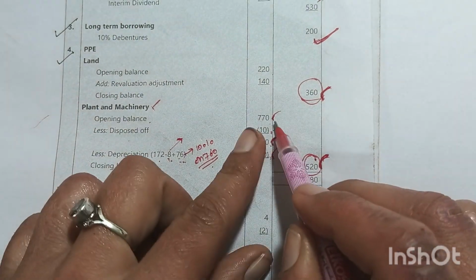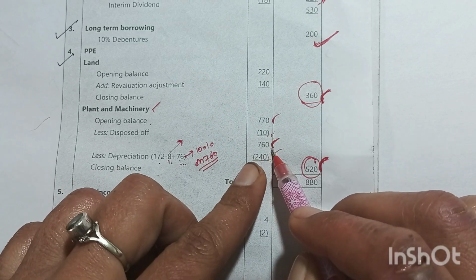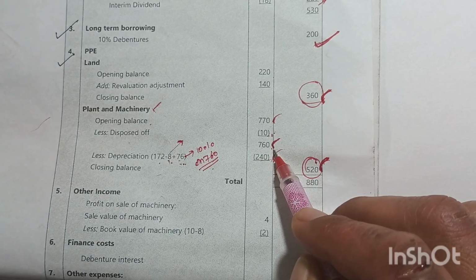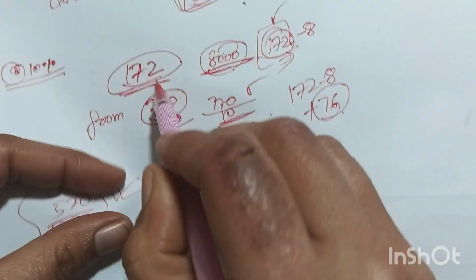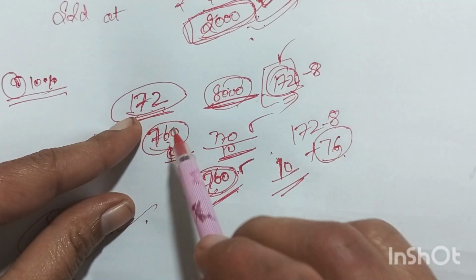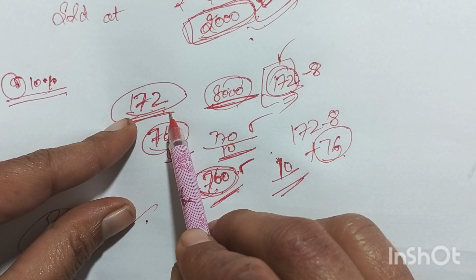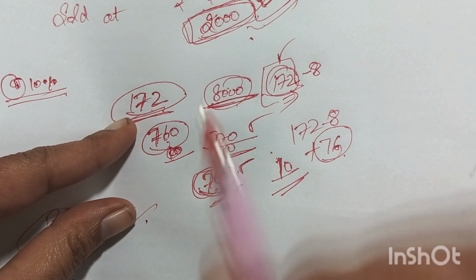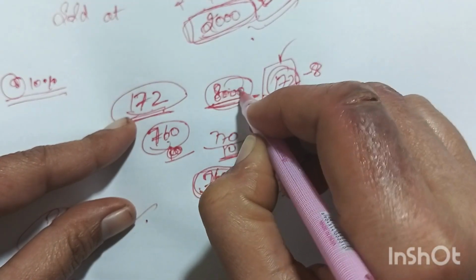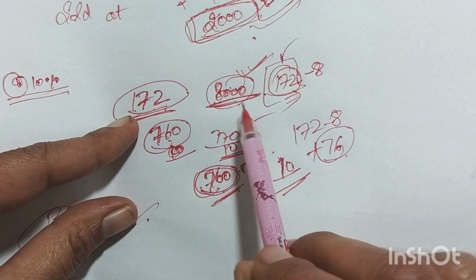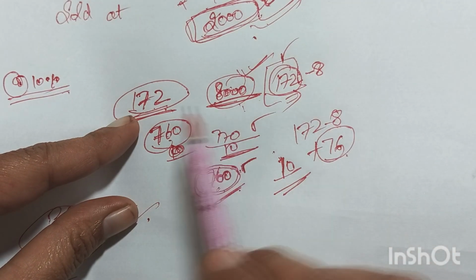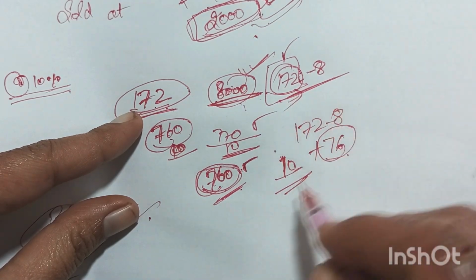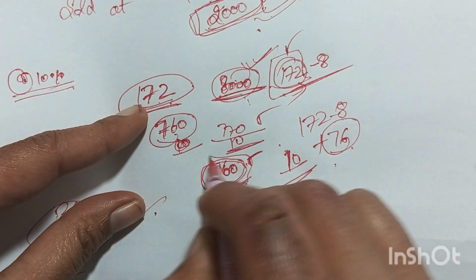See, 770 minus 10,000, and then there is 760, and the accumulated depreciation given to us is 172, but we will deduct the accumulated depreciation of the asset which we have disposed of, and 8,000 is that accumulated depreciation. So we will reduce the 8,000 out of the 172, and then we will add the current year depreciation that is computed on 760.